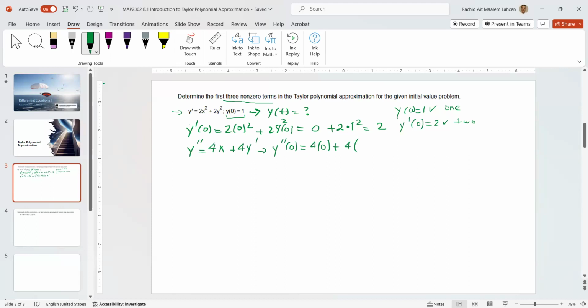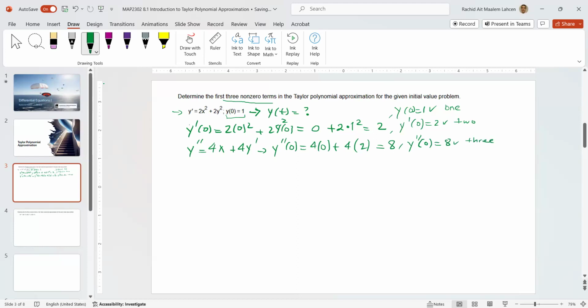Y prime of 0 we found to be 2, right? So it's 8. So y double prime of 0 equals 8, and this is the third one.